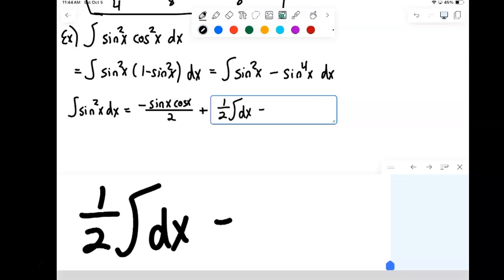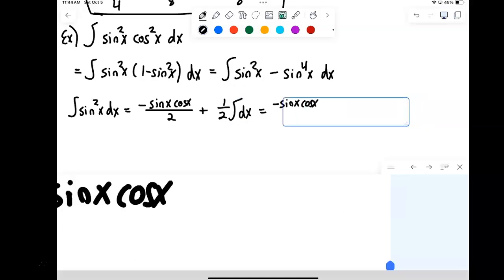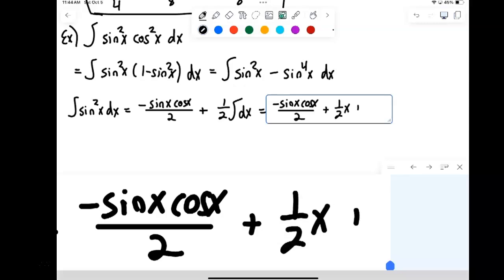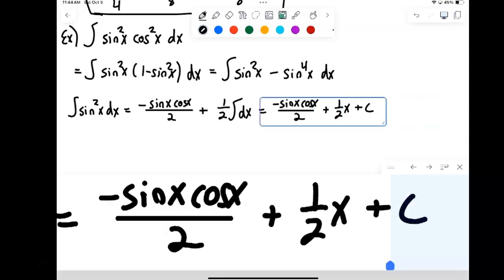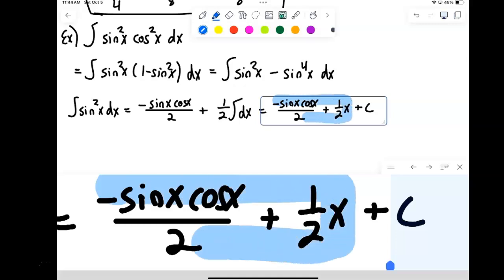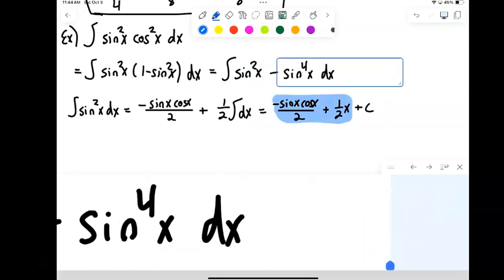So that would just be negative sine x cosine x over 2, plus 1/2 x, plus a constant. We're going to return to this piece, the variable part of it, in a few minutes. We're going to put all that together when we get to sine to the fourth.